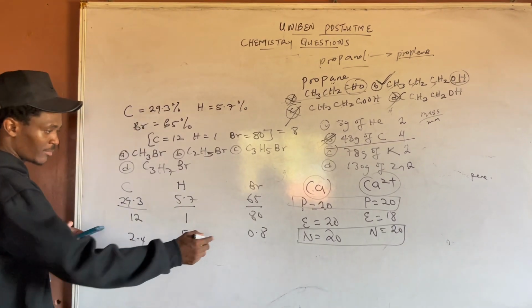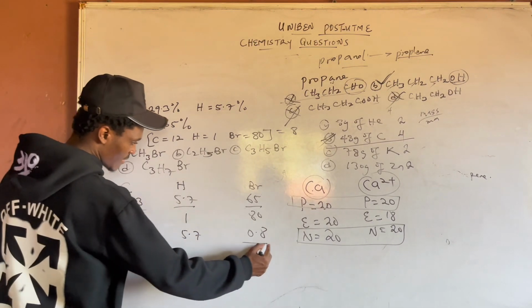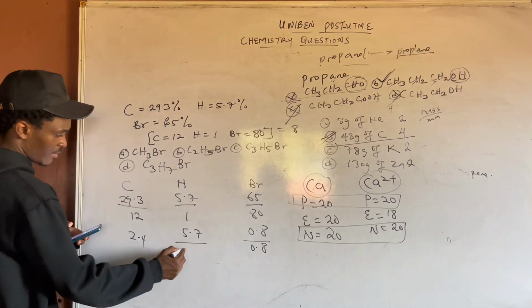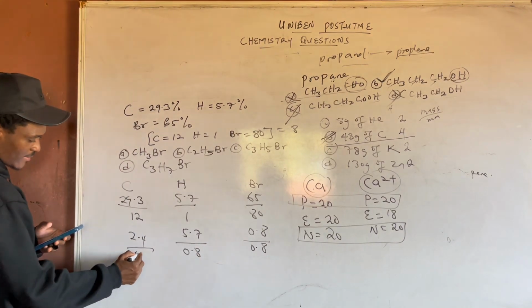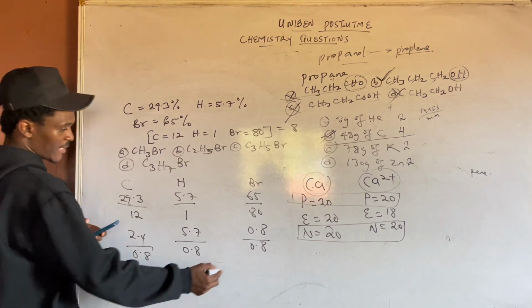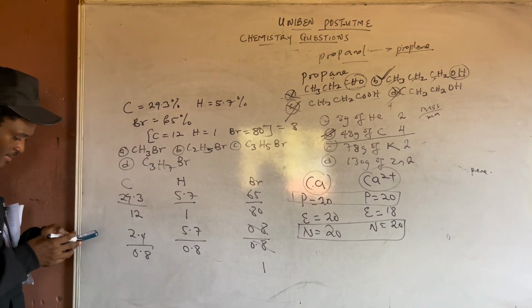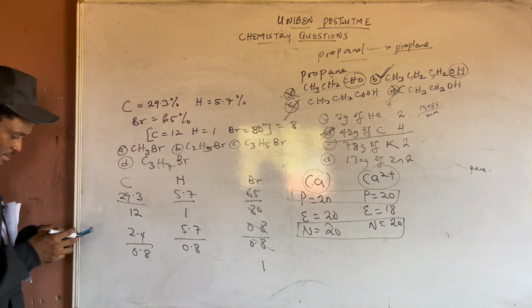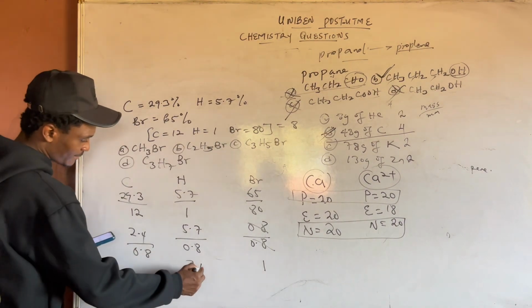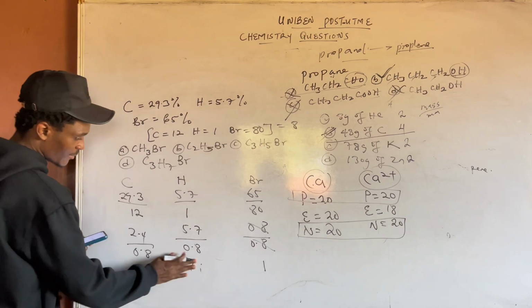So we divide through by the smallest value, which is 0.8. That's the rule of empirical formula. So when you do that, this will cancel out as 1. 5.7 by 0.8, that should be 7.1, which is approximately 7, because you can approximate.